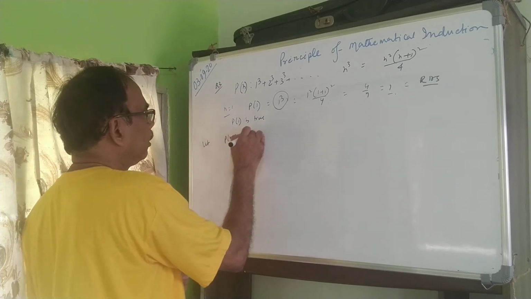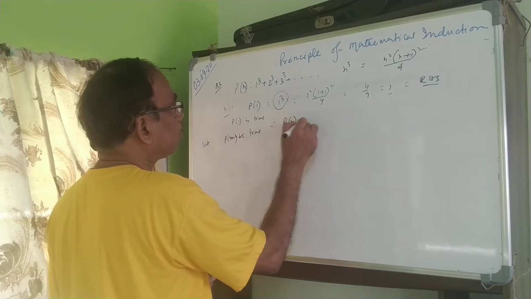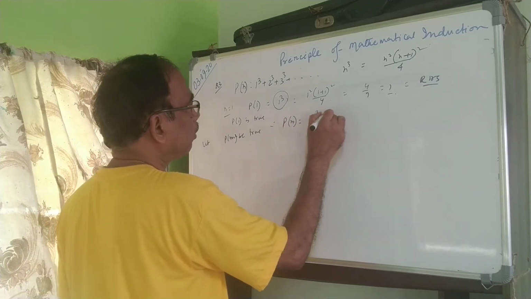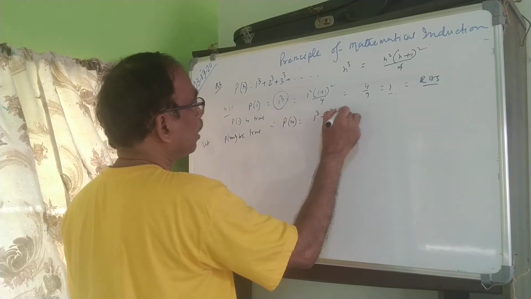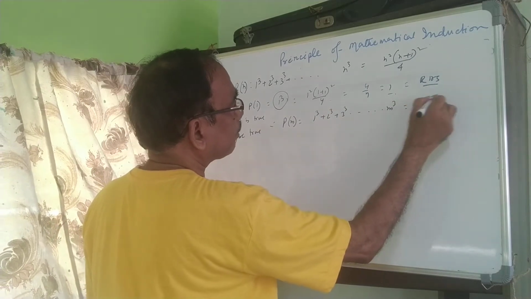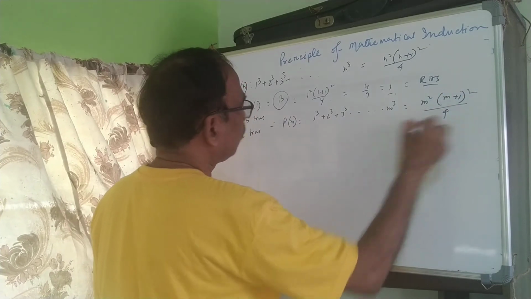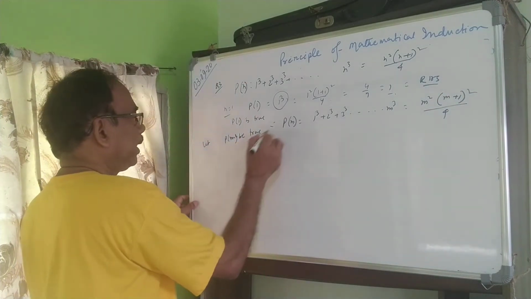Let Pm be true. Then Pm: 1 cube plus 2 cube plus 3 cube plus dot dot dot plus m cube equals m square (m plus 1) whole square by 4. Let this be true.